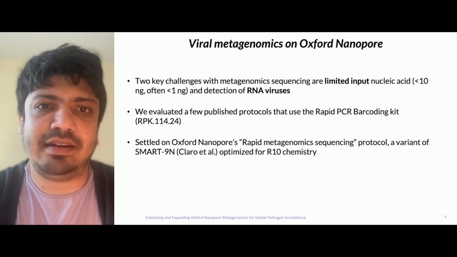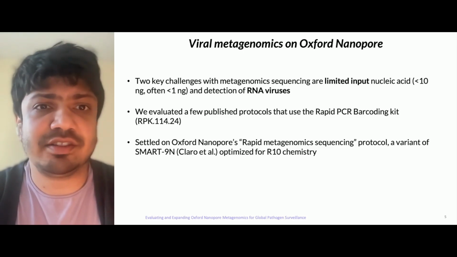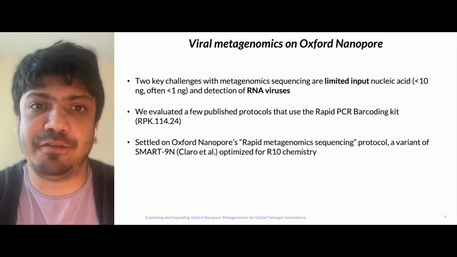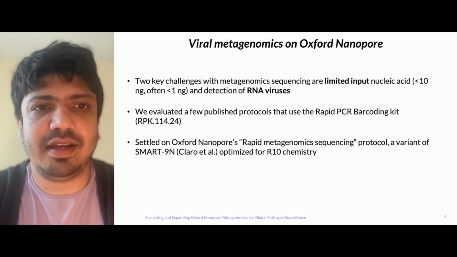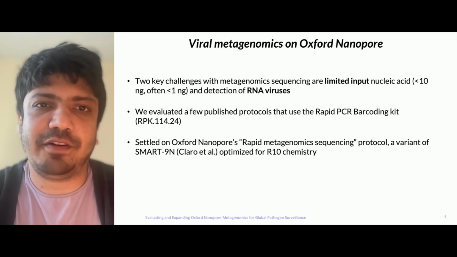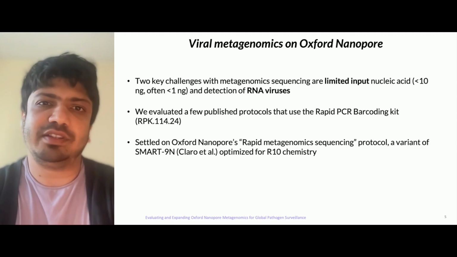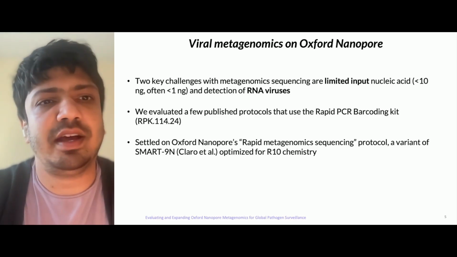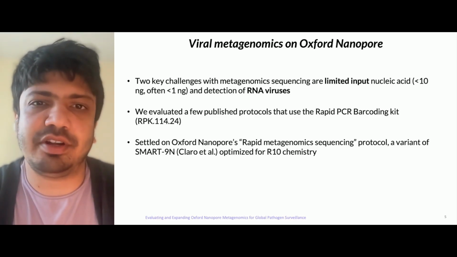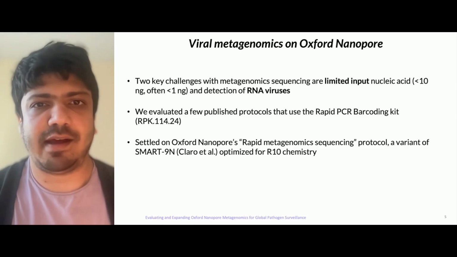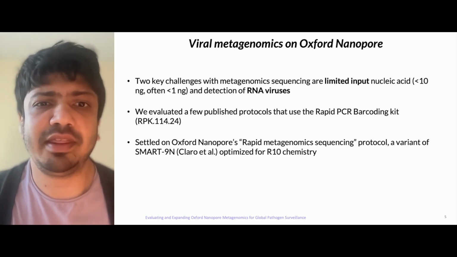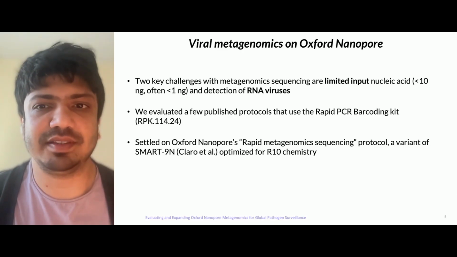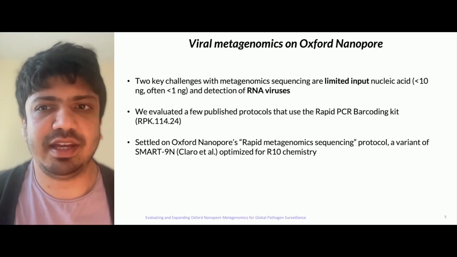And RNA specifically is also challenging to work with because of how fragile it is and how susceptible to degradation. For this reason, we explored a few different existing protocols that use Oxford Nanopore metagenomics, and the one that we found most promising was one that uses the rapid PCR barcoding kit.